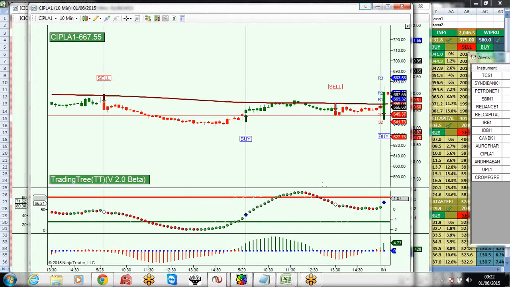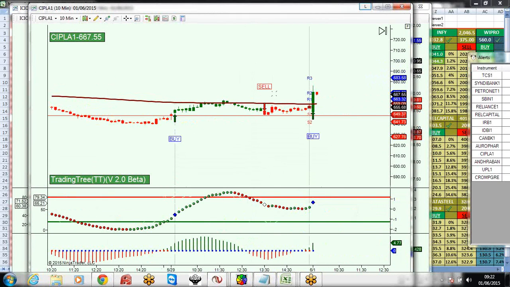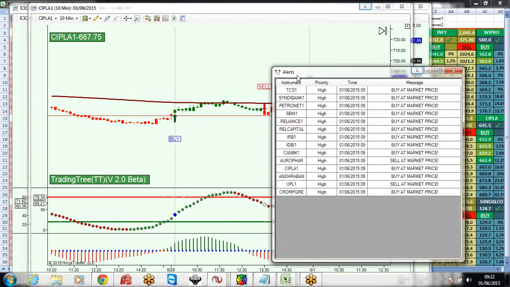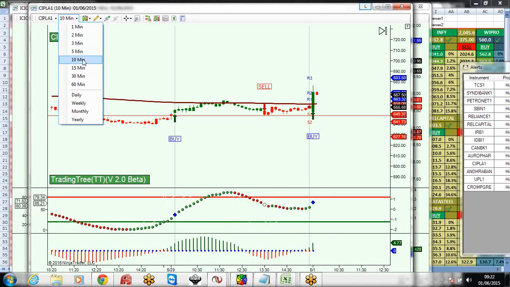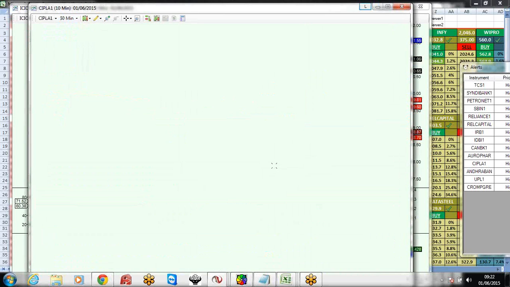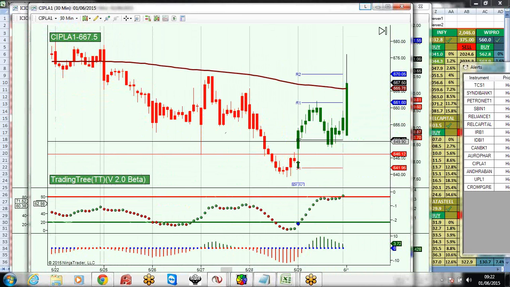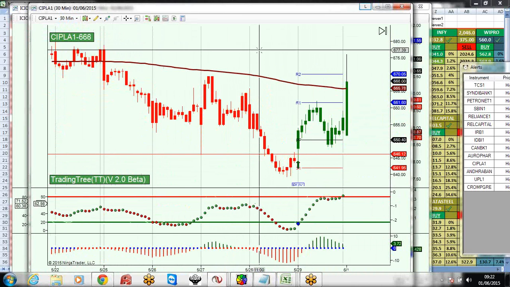So that's a huge buy. We can ignore this call because already it has done all its target in our FUTURESTREE file. Or else you can buy this at, I'm just putting it in 30-minute mode and then I'm just trying where we can buy it. You can buy it at 677.40.